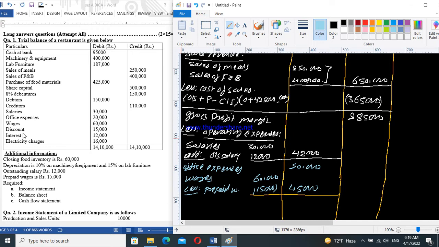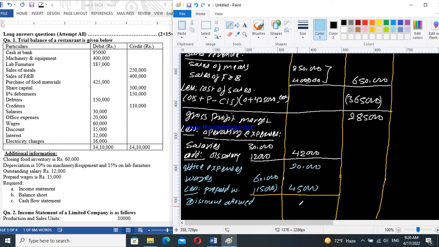Move on. Next information: discount allowed. When the discount amount is on the debit side, it is called discount allowed, and when the amount is on the credit side, you write it as discount received. Discount received is added to the gross profit, and discount allowed is always deducted from your gross profit.